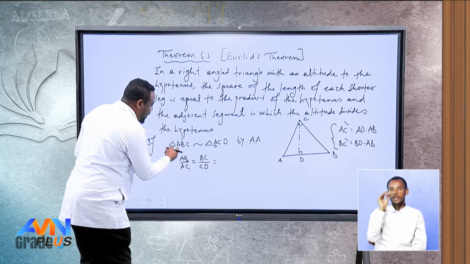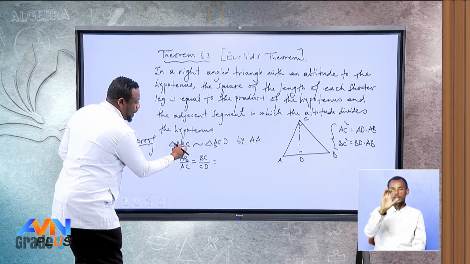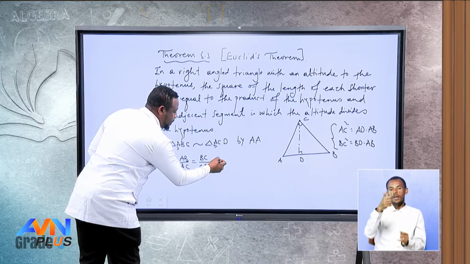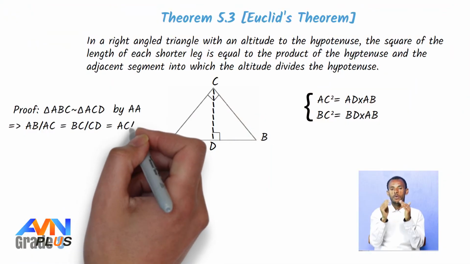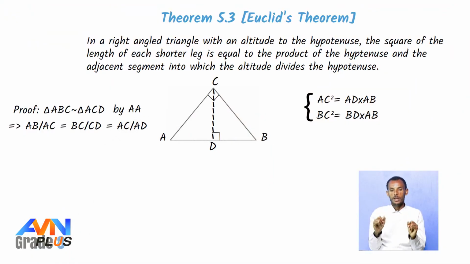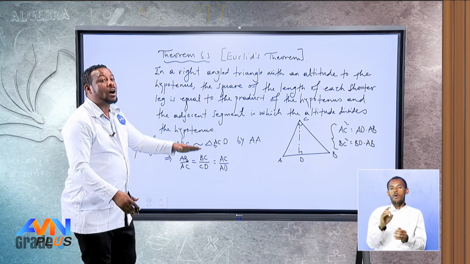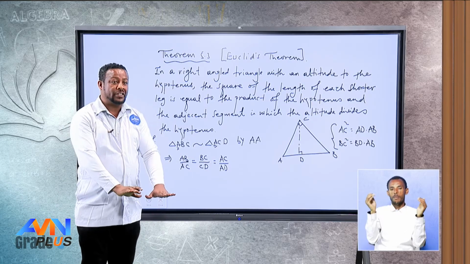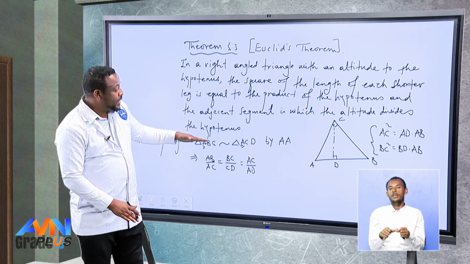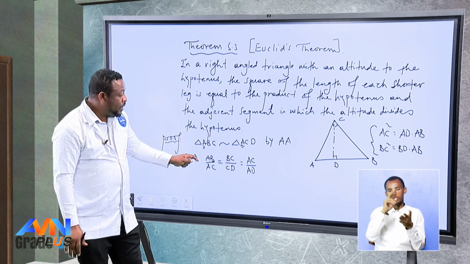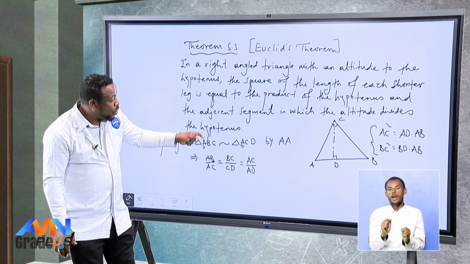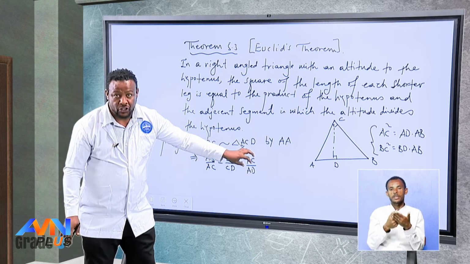And lastly, AC over AD must be the same. All these ratios are proportional and they are constant, right? So by similarity of these two triangles, we can obtain these ratios.